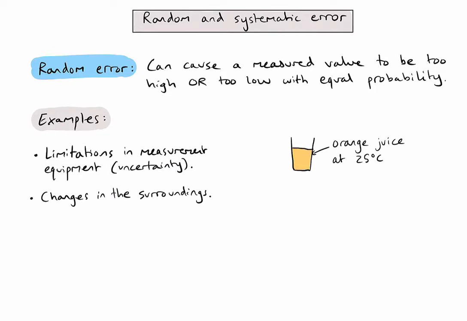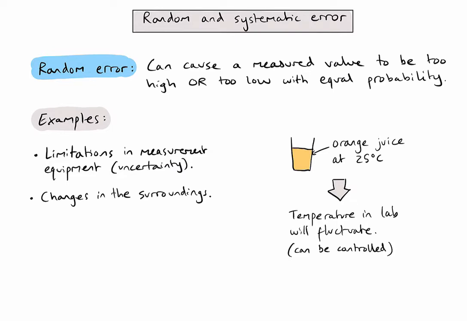This might mean that sometimes my temperature is slightly higher than 25 degrees, and other times slightly lower. It's also worth mentioning that this kind of random error can actually be controlled. Perhaps using a water bath set at 25 degrees might be a better way to do it, and will reduce the impact of that random error.